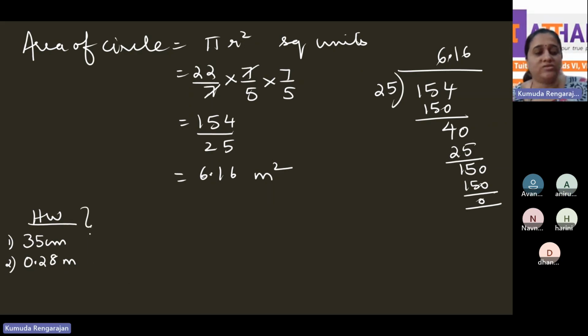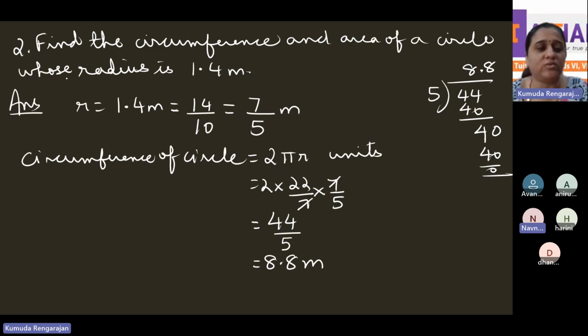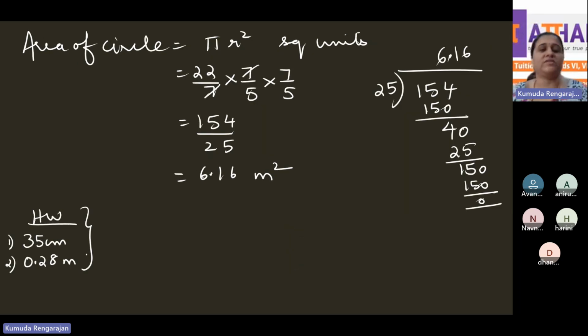Make a note of the homework questions. Don't write 'Done' like this. You must construct the question, children. You must write the question like this: Find the circumference and area of a circle whose radius is 35 centimeters. That is the question. You must construct the question. Don't write 35 centimeters as the question. Same question, the value of the radius is different. All right. Okay, ma'am.